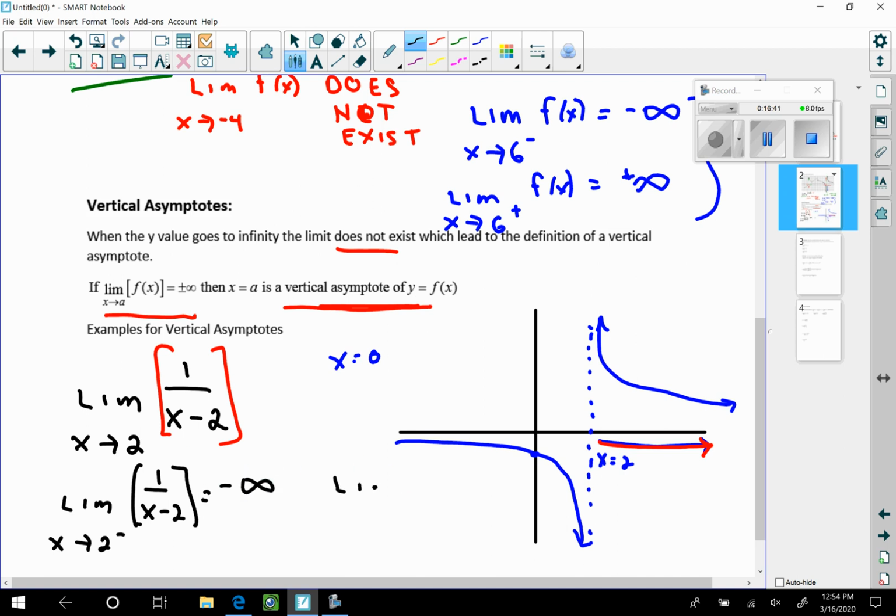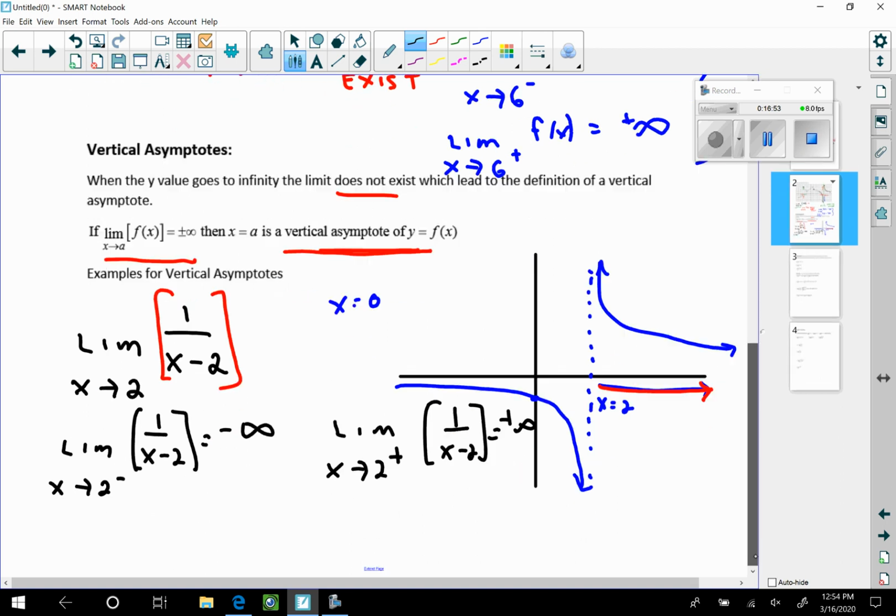The limit as x goes to 2 from the right of f of x, 1 over x minus 2, goes to positive infinity. Therefore, x equals 2 is a vertical asymptote.